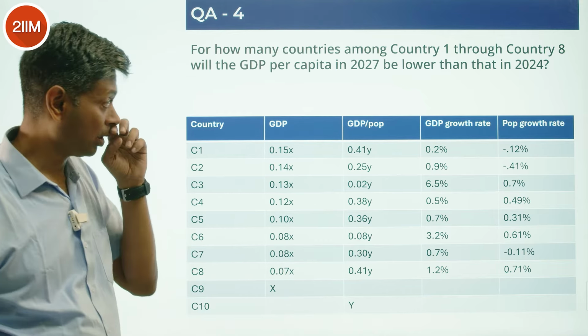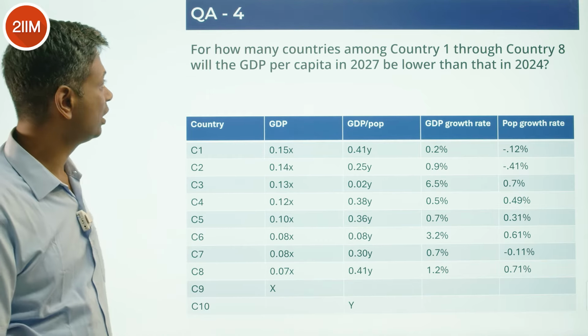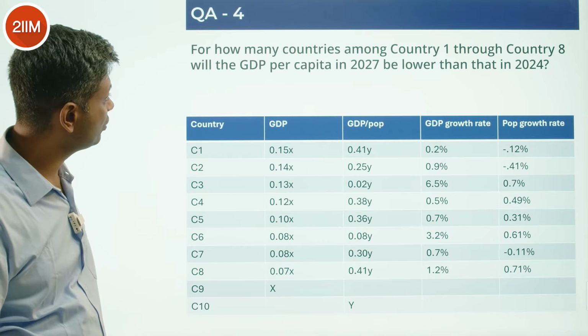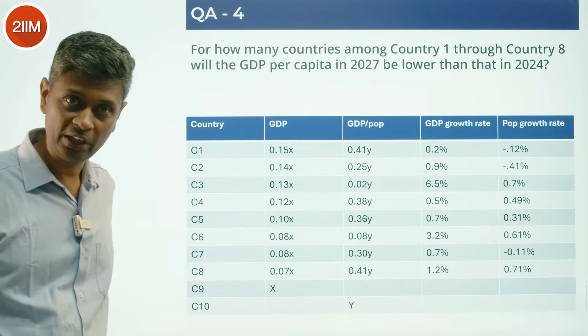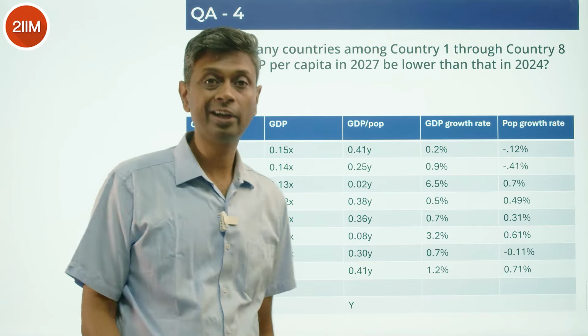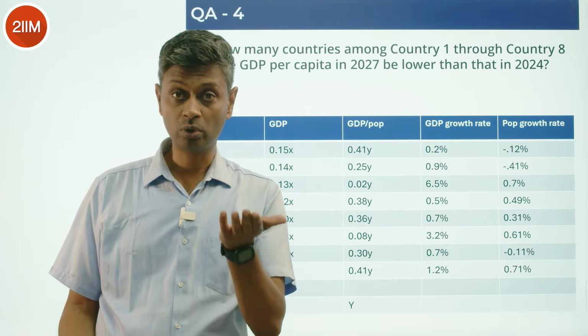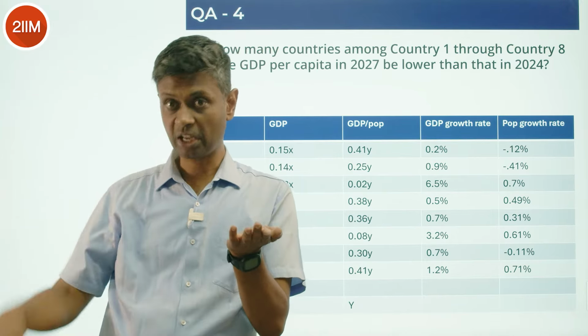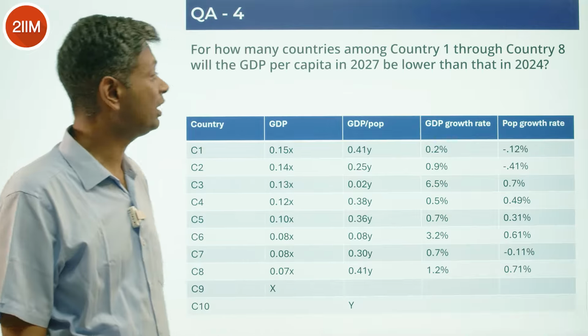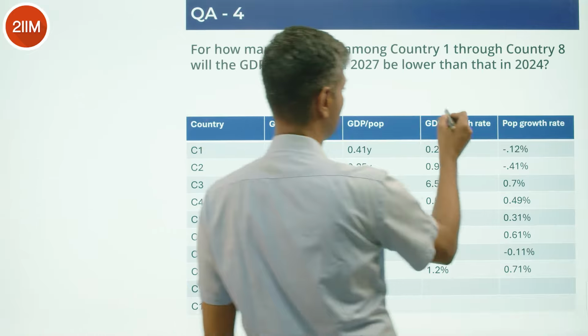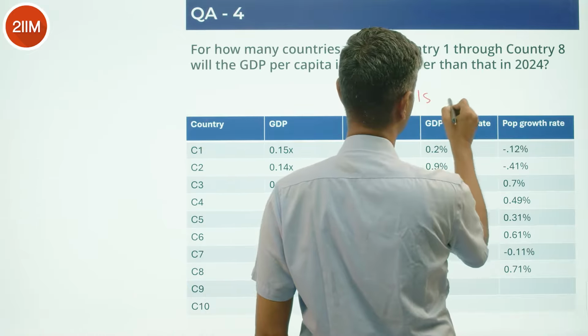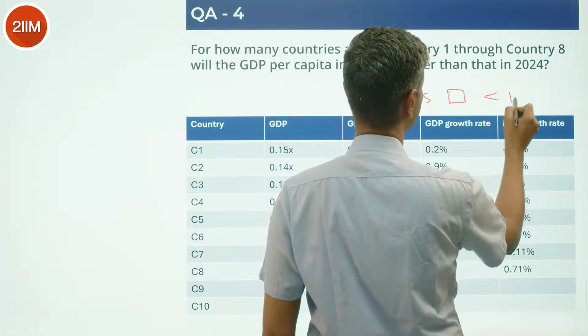This question is a roundabout way of asking, in how many countries is GDP growth rate less than population growth rate? GDP has grown, population has grown by more, per capita will crash.